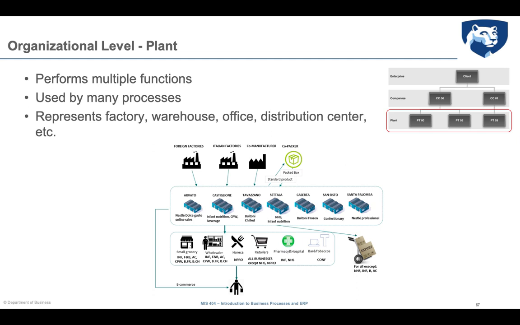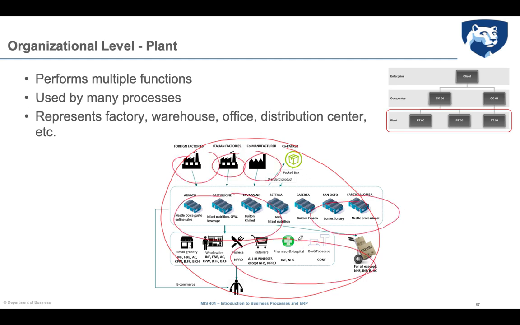This is an example of a plant within an organization. So here, factories, distribution centers, and customers. All of these represent plant codes in SAP for the company that is represented by this supply chain.